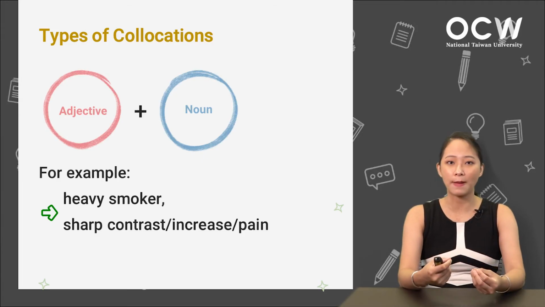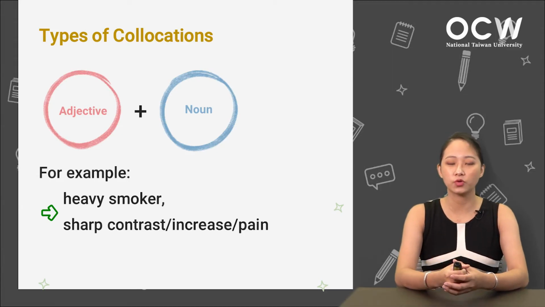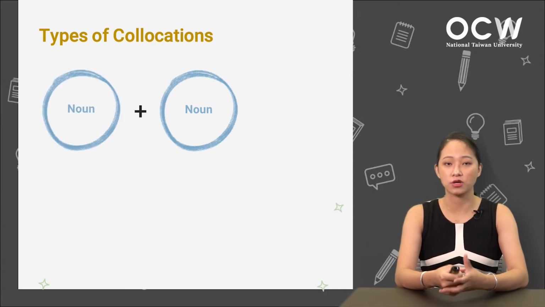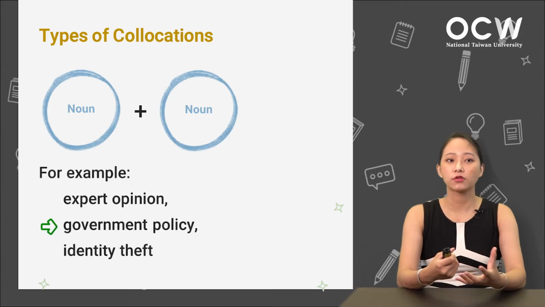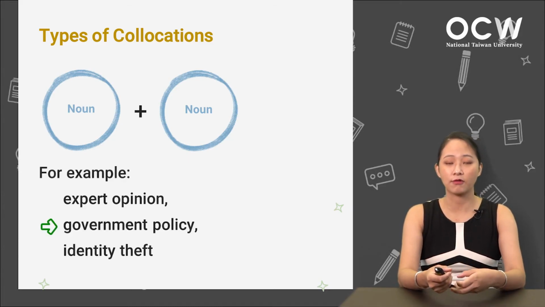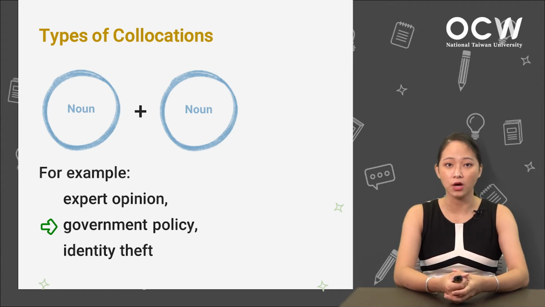When we want to describe a sudden increase in pain, we always use the adjective sharp instead of great. Next, we have the collocation of a noun plus a noun. For example, when we want to talk about professional opinions from people who have years of experience, we always say expert opinions.